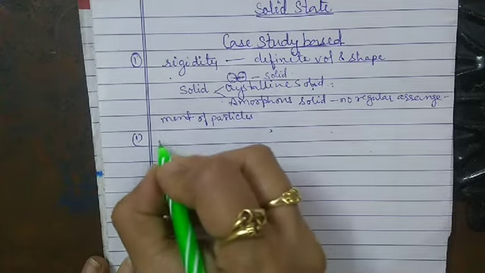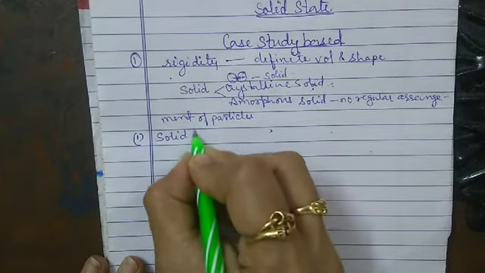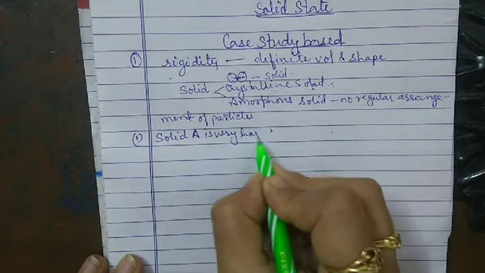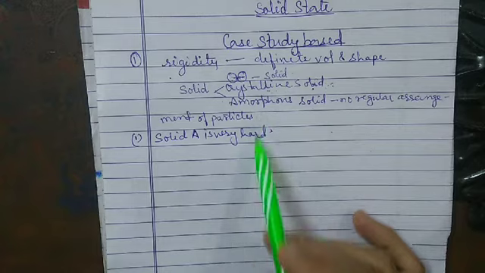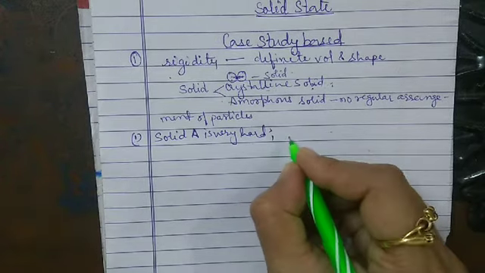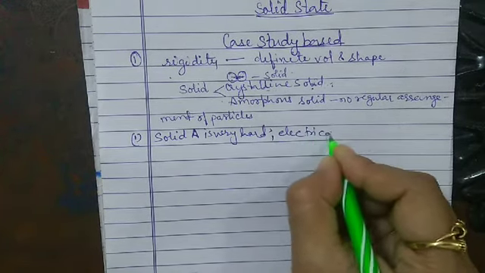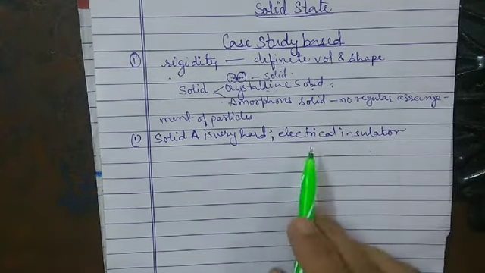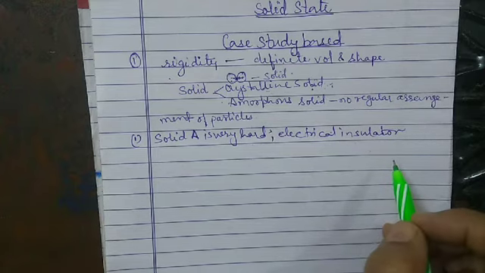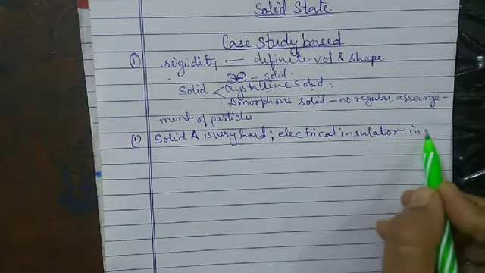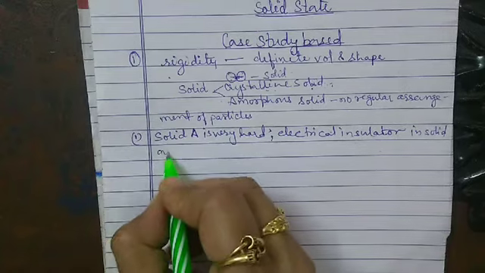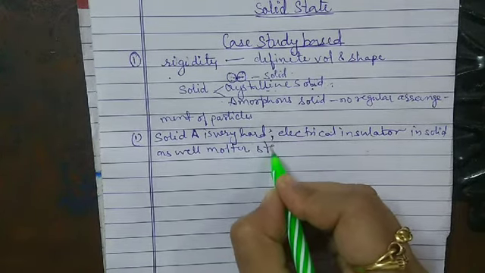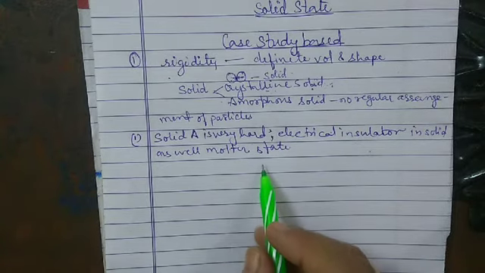The first question is, solid A is very hard, and it is an electrical insulator in the solid as well as in the molten state.